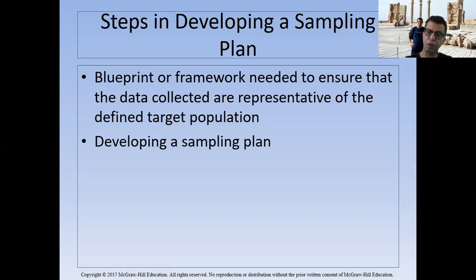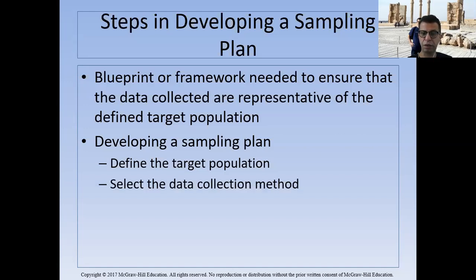From there, we develop the sampling plan. In the sampling plan, we define exactly the target population. So there is where we say, okay, we are targeting white ethnic people in this area, and we select the data collection method.